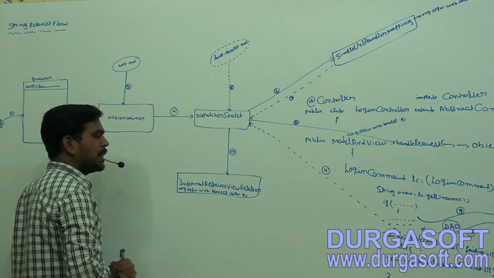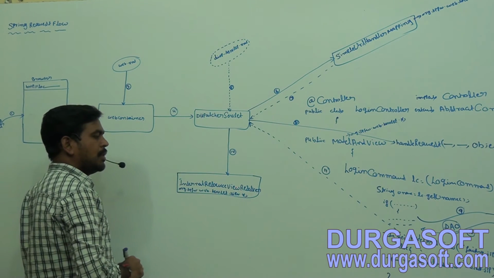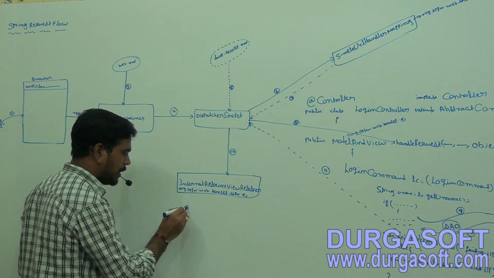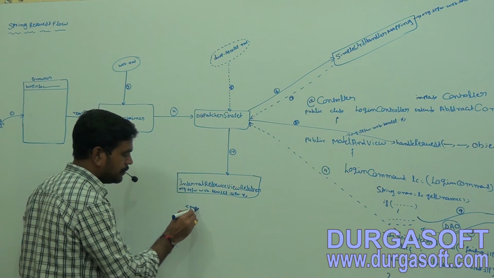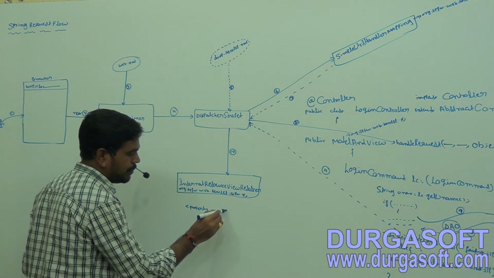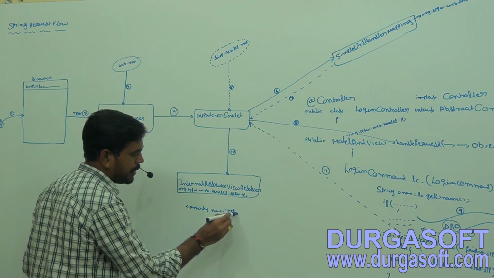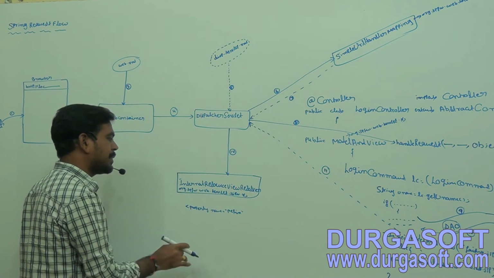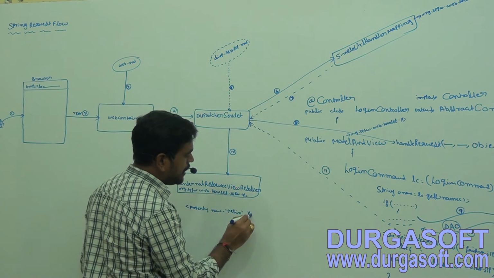Now what this internal resource view resolver will do, it is going to construct the physical view. How? Property name is equal to prefix, a predefined property. Who gave this property? Internal resource view resolver. Then value is equal to what?